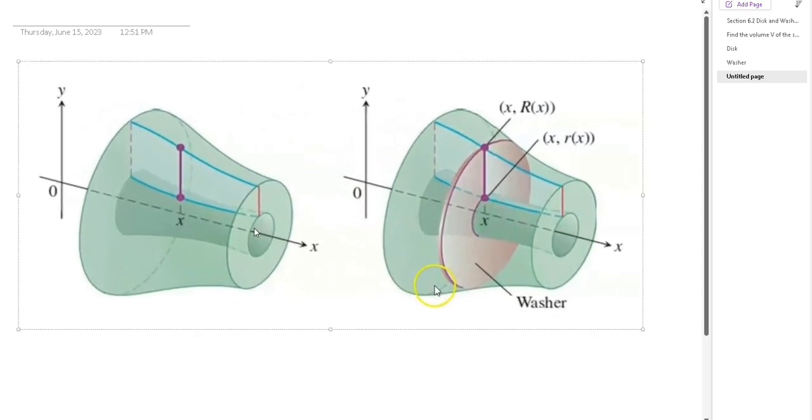The difference between this one and the last one is that my figure doesn't exactly quite touch the x-axis or the y-axis, its axis of rotation, for the whole length. So when I rotate this around the axis, I'm really going to be leaving a hole here. So instead of a disc, I'm going to have kind of a washer shape when I rotate it around the y-axis.